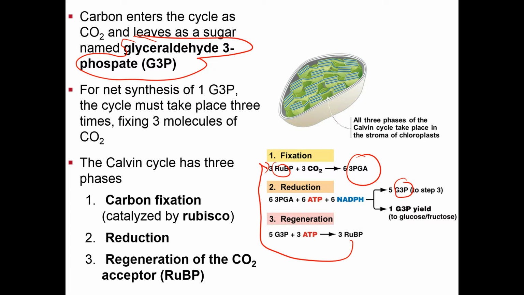Alright, so this is very similar to the Krebs cycle. Okay, so recall in the Krebs cycle we had our little acetyl group, which was 2 carbons. Alright, it combined with our oxaloacetate, which is 4 carbons, to make a 6-carbon molecule of citrate.